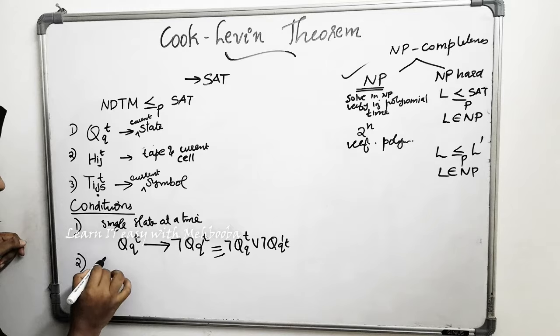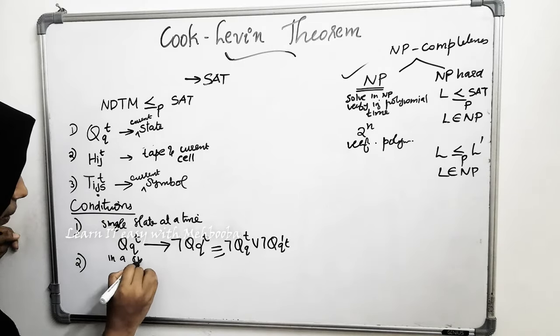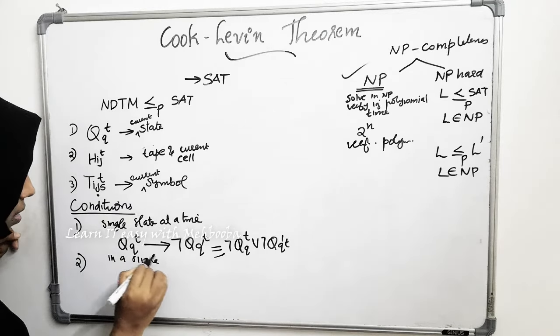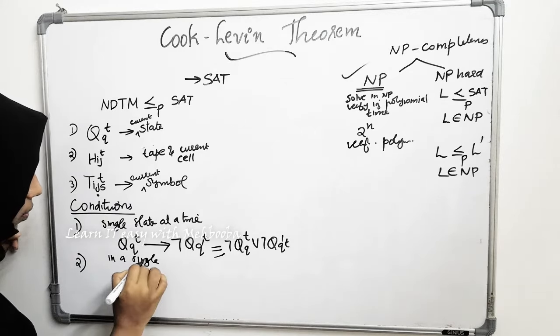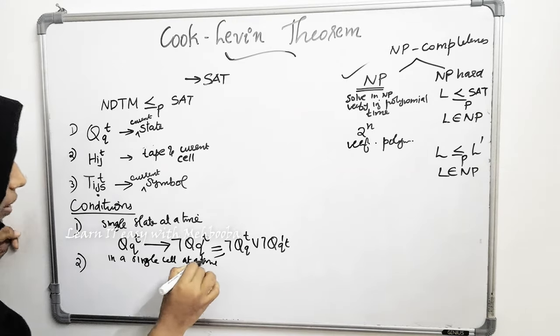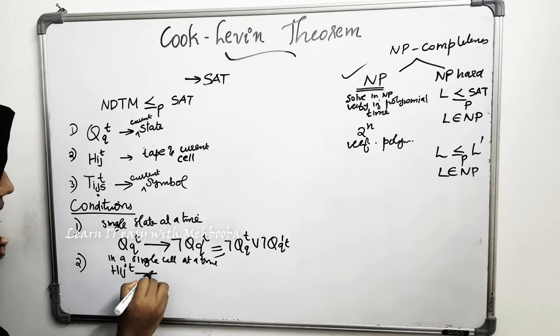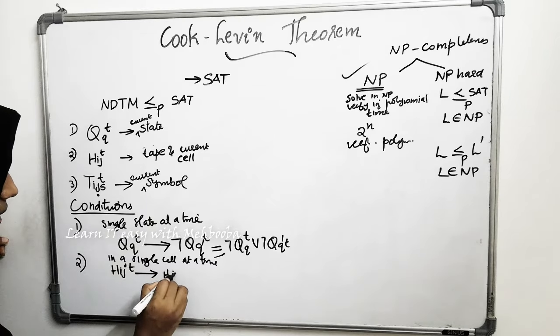The second condition is that the Turing machine will be in a single cell at any time. That is, if the Turing machine is at the cell H_ij at a time, it cannot be in any other cell j dash at the time t.